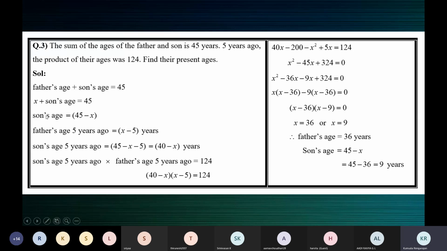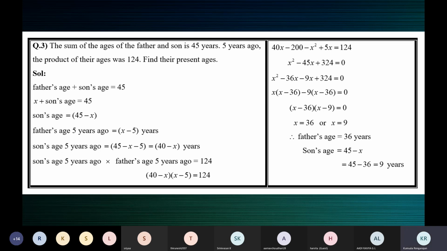When you come back here, x is the father's age, and the father's age cannot be 9 years. When you take x as 9, then the son's age will be 45 minus 9, which is 36.